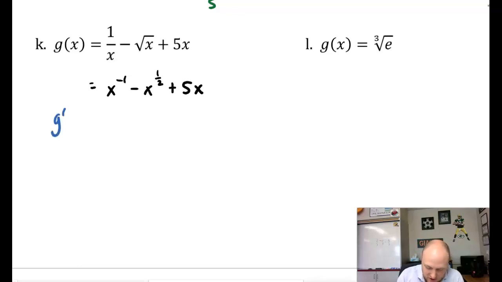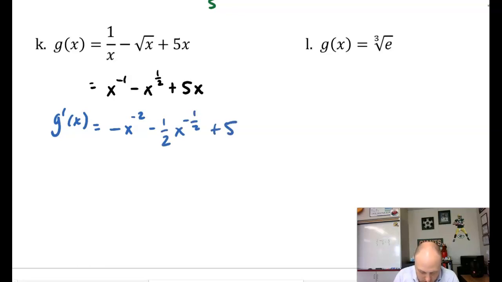So G prime of x would have given you this: -1 x to the power of negative 2 minus 1/2 x to the power of negative 1/2 plus 5. And then simplifying, negative 1 over x squared minus 1 over 2 square root of x plus 5.